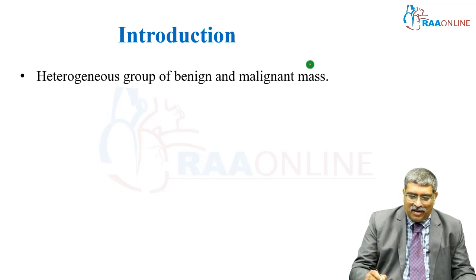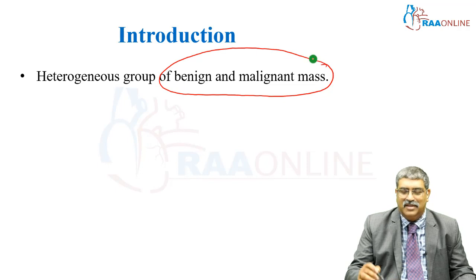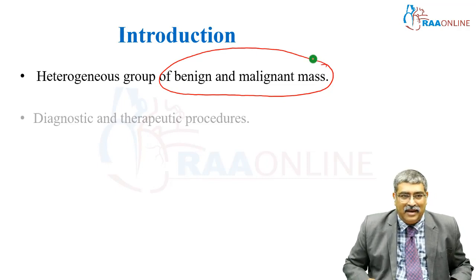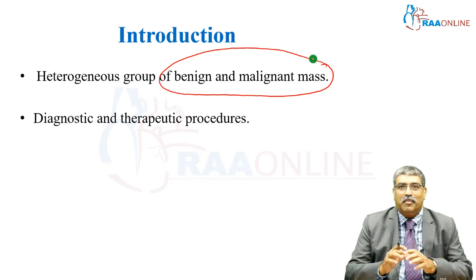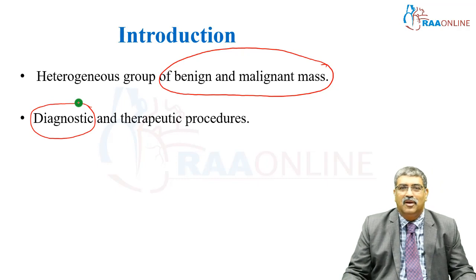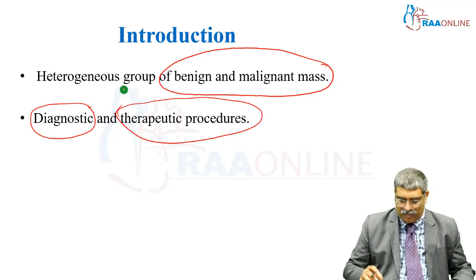Mediastinal masses are a heterogeneous group of disorders. Mostly they are benign but can be really malignant. This patient may come for a diagnostic procedure for biopsy or a therapeutic removal of the mediastinal mass.